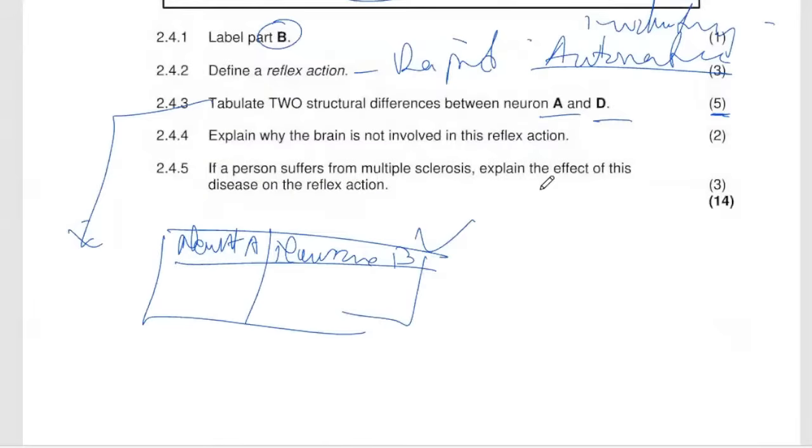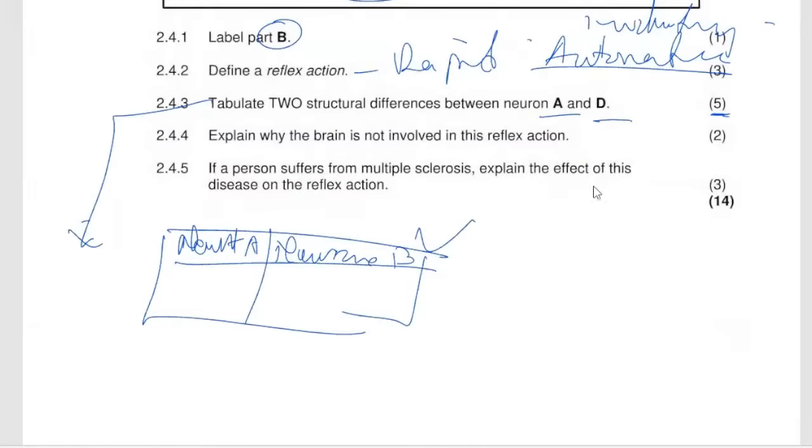So what we do is just use the reflex arc, the spinal cord, because the spinal cord is a little bit faster. So it shortens the reaction time. If the reaction time is longer, then automatically you're going to have problems protecting the body. Remember, the function of the reflex action is to protect the body from further harm or from danger.